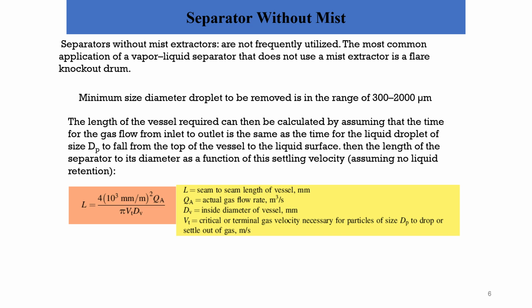This means that if we don't need a mist, we are dealing with water droplets that are much larger than the common 150 micrometer.